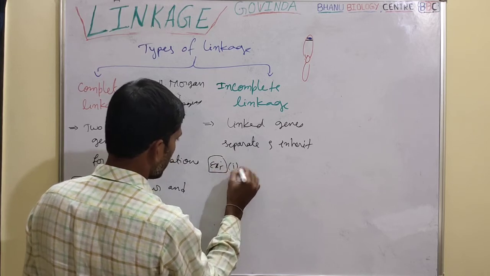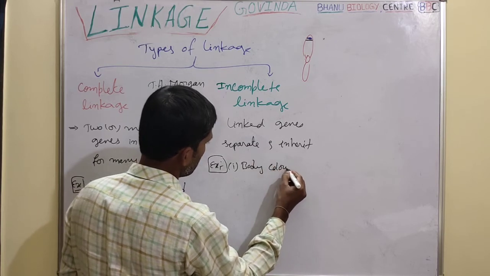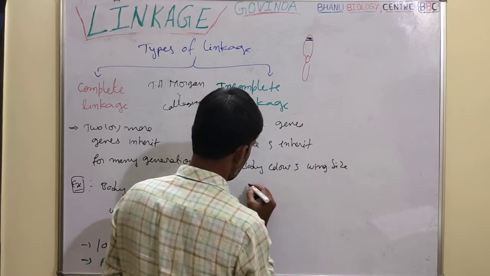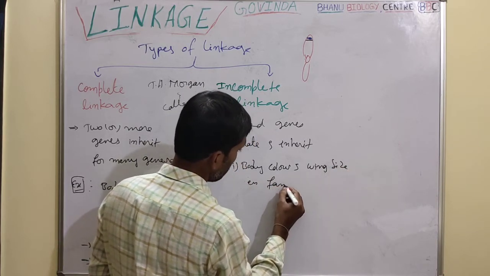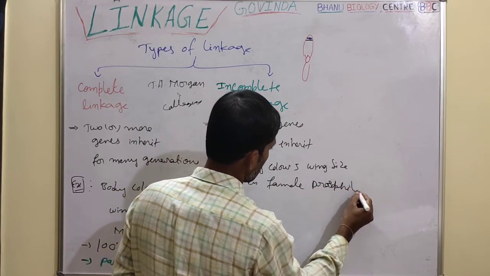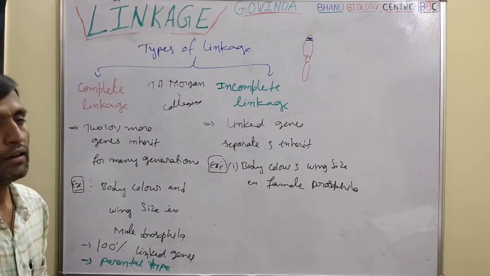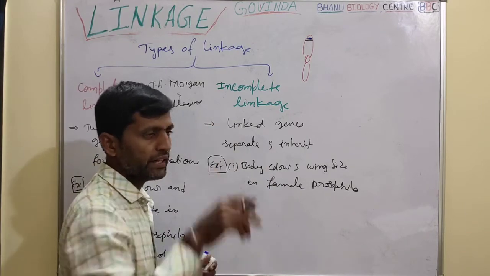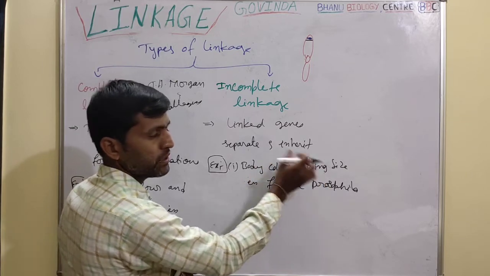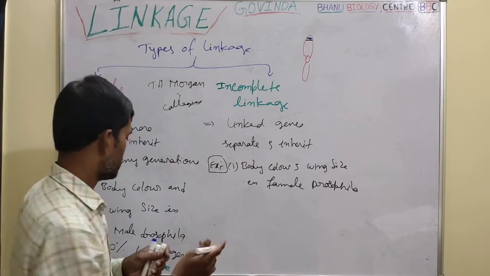The examples are: one, again body color and wing size in female Drosophila. In female Drosophila, we can observe incomplete linkage. During inheritance, the genes responsible for body color and the genes responsible for wing size will separate and enter the progenies.